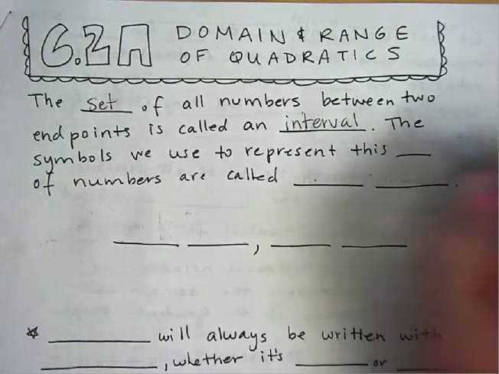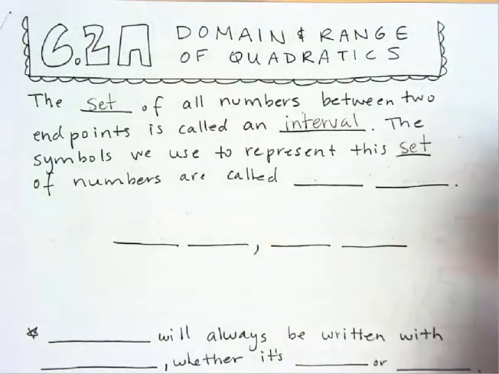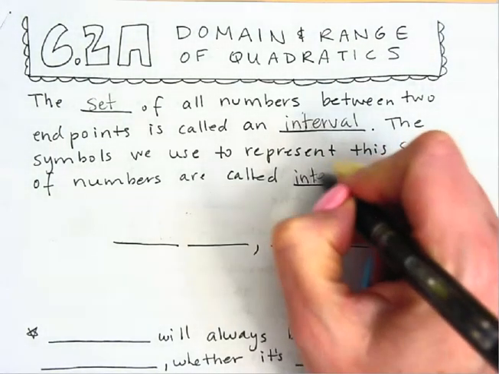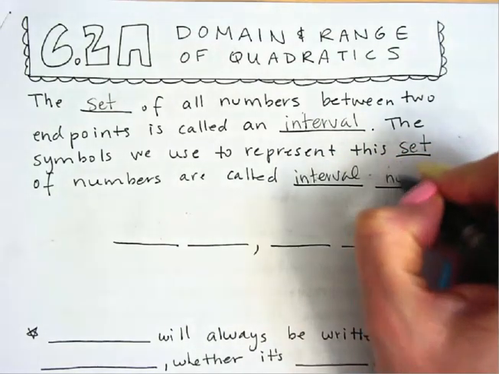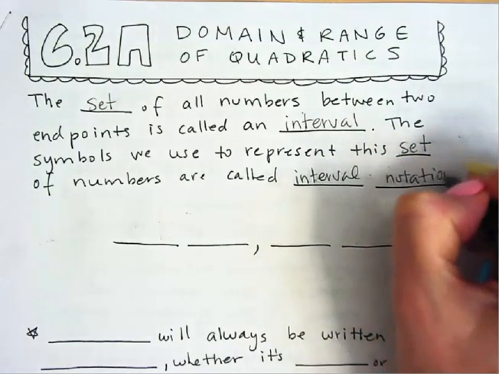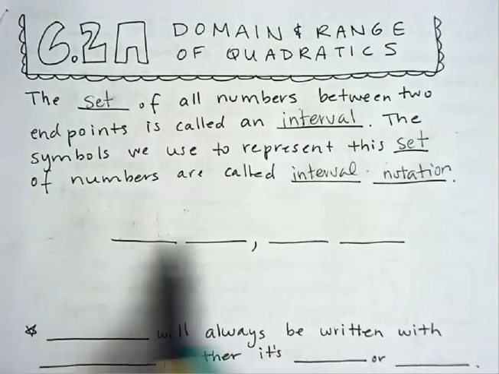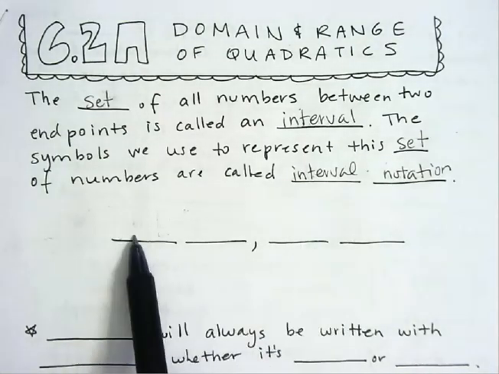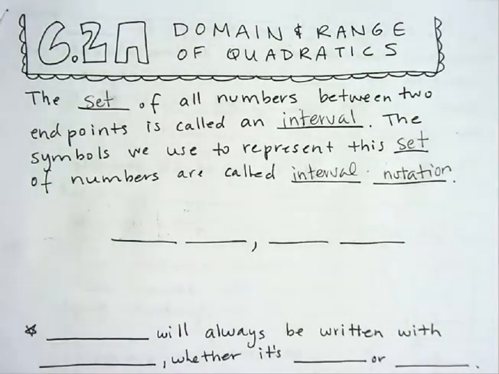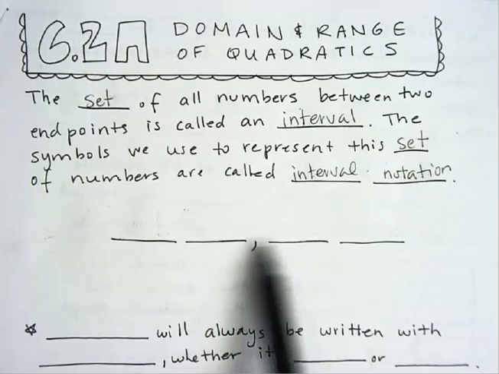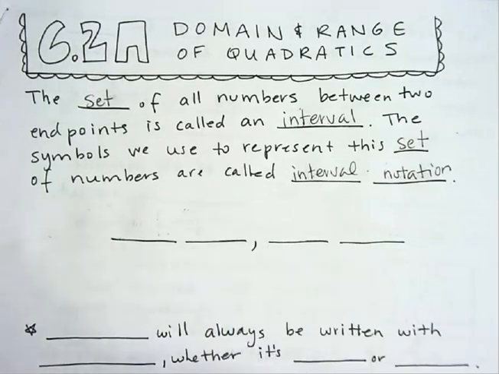The symbols we use to represent this set of numbers are called interval notation. And there are 4 parts to interval notation. At the front and back, you're going to have a parenthesis or a bracket. And then in the middle, you're going to have the endpoints of your interval, the beginning value and then the ending value.